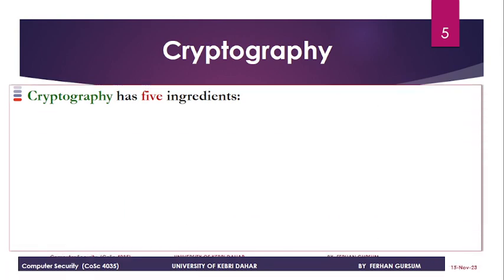The first one is plain text ነው። ግልጽ የሆነ ጽሁፍ ክሪፕቶግራፊ ስራ አለ። ያ ነው ወደ ሳይፈር ቴክስት የሚቀየረው። The next one is encryption algorithm.